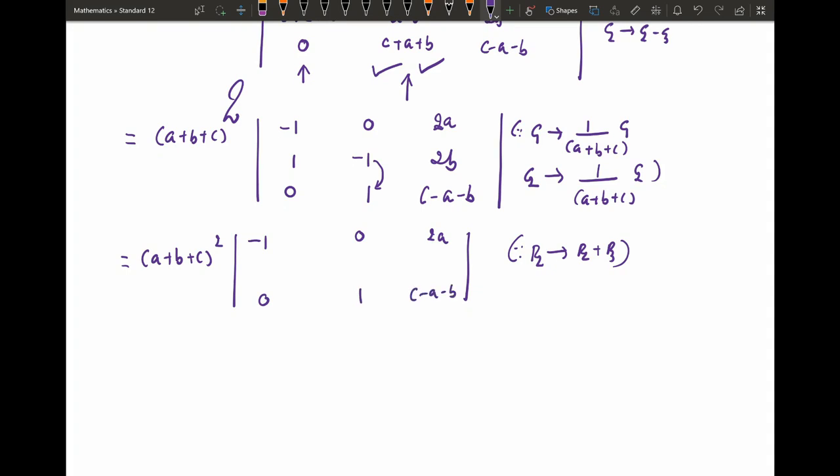Now third row is multiplied by 1, add in the corresponding entries of second row, that is R2 to R2 plus R3.